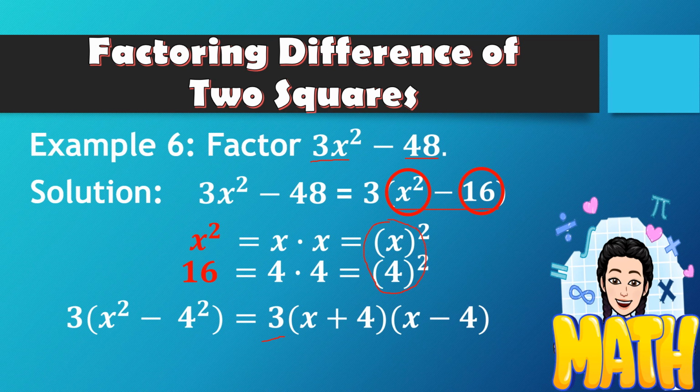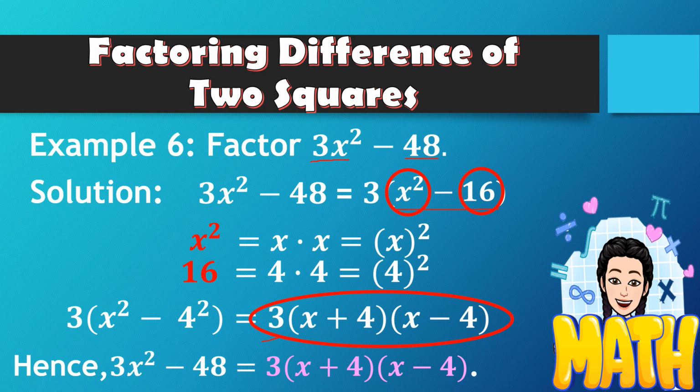So, 3 times the quantity x plus 4 times the quantity x minus 4. Hence, 3x squared minus 48 is equal to 3 times the quantity x plus 4 times the quantity x minus 4.